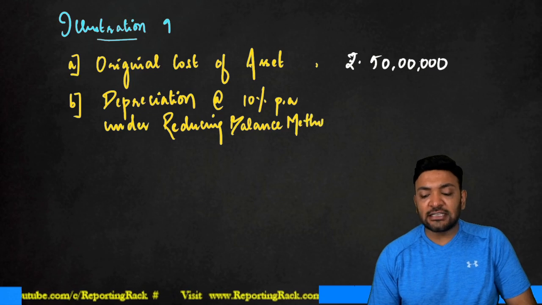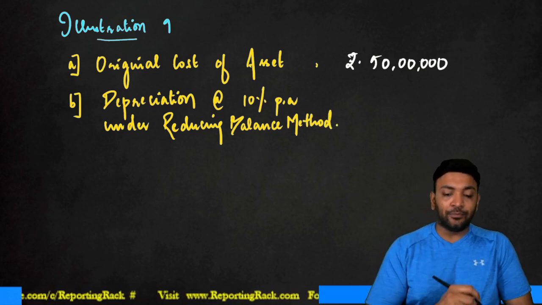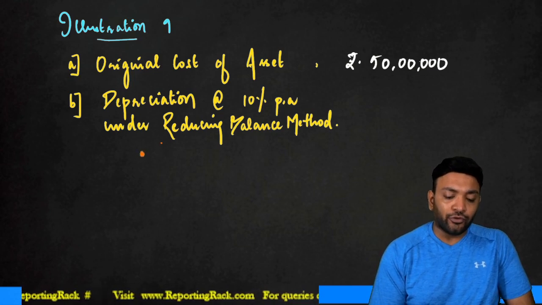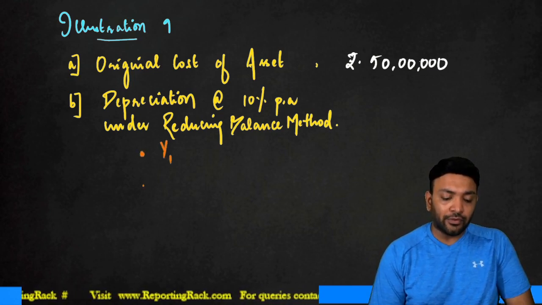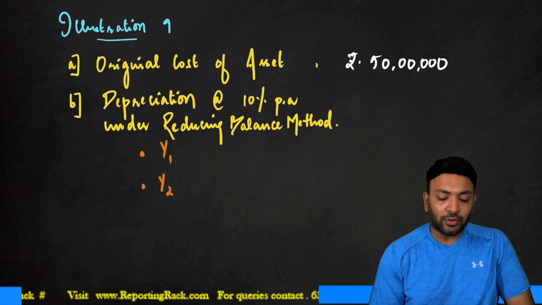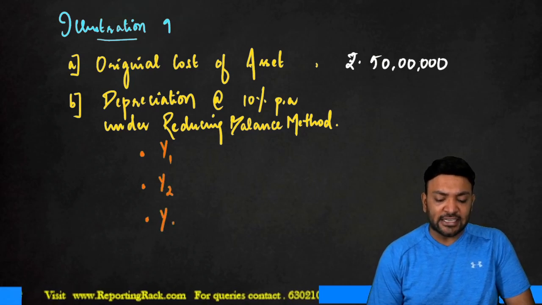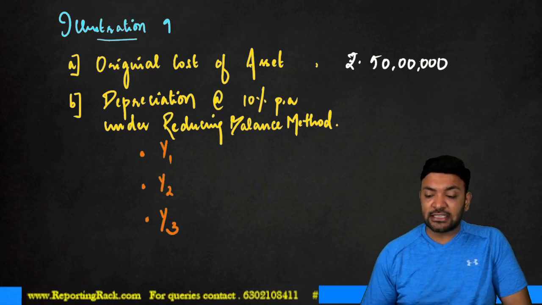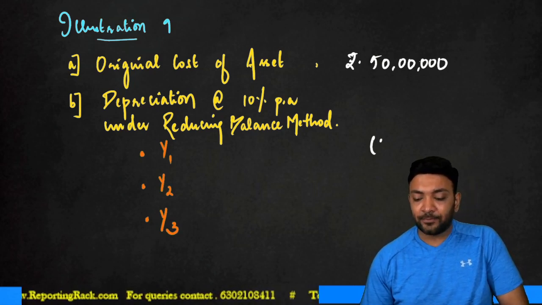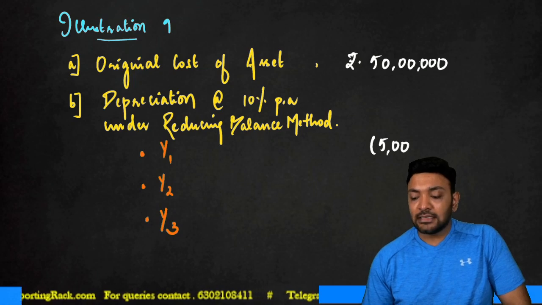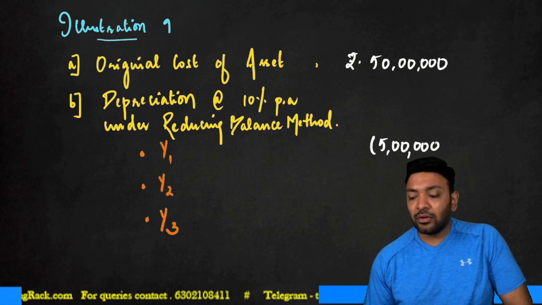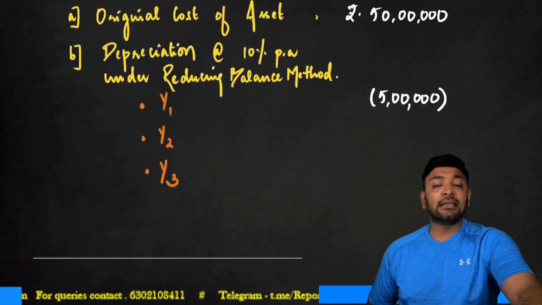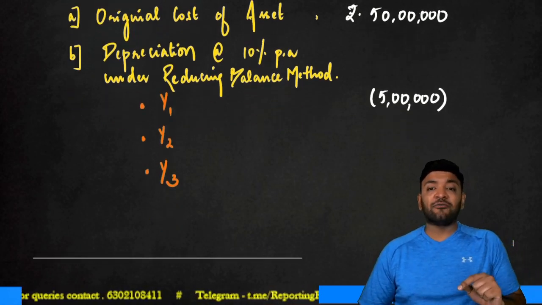Now this method is applicable up to year 3. So for year 1, year 2 and year 3, calculate depreciation. First, at the rate of 10%, the first year would be 5 lakhs. Second year, reduce 10% from that 5 lakhs. It is a direct reduction of 10% from 5 lakhs.